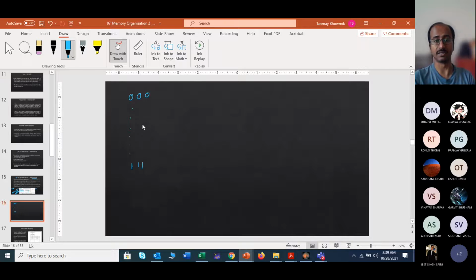It is actually 8, right? 000, 001, 010, up to 111, the total number of locations is 8. So how do you get this 8? How many address lines or bits were there? It is 3, right? 1, 2, 3. So when you use 3 lines, you get 2 to the power 3 locations.